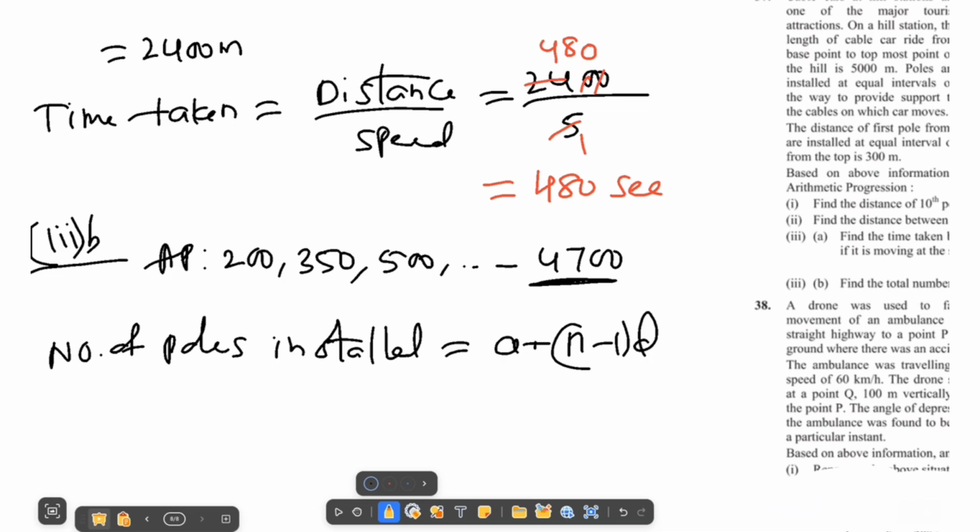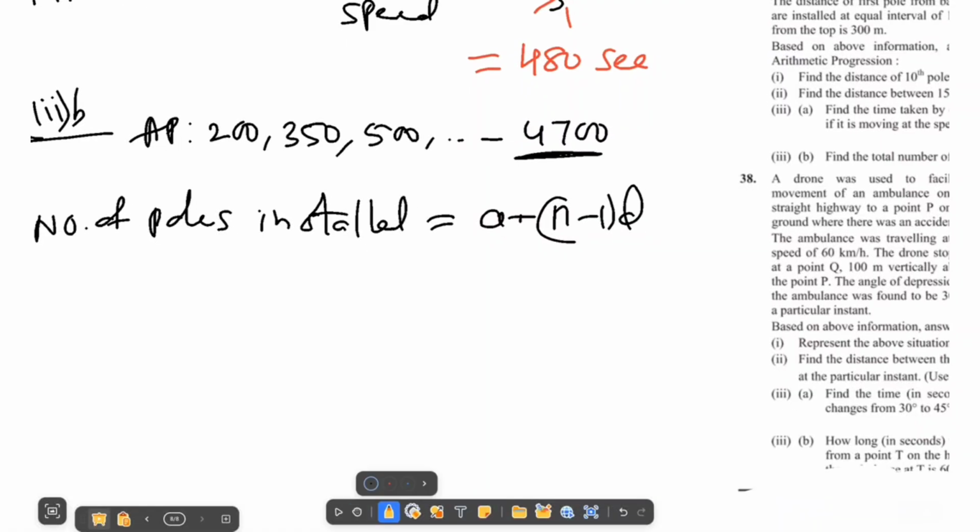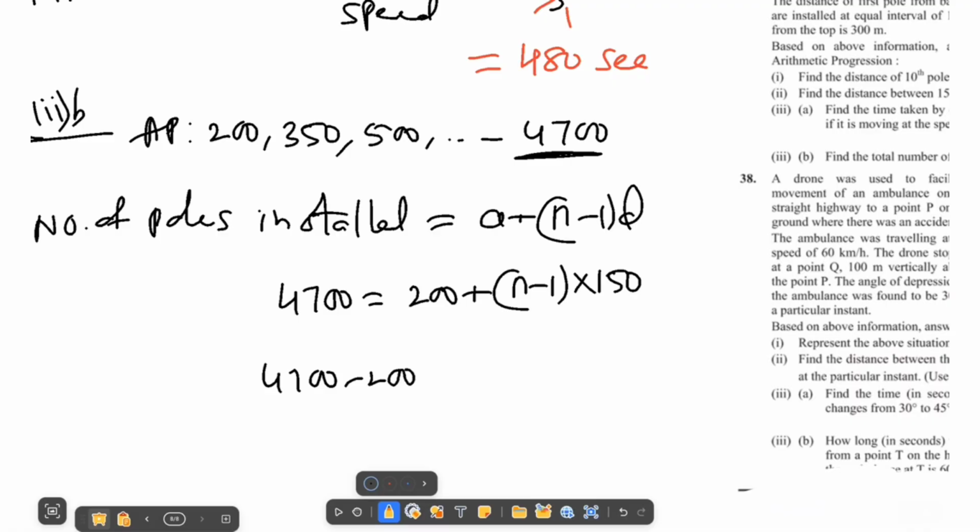Here the nth term is 4700, equal to the first term 200 plus n minus 1, where the common difference is 150. So bring 200 to the left side, it becomes 4700 minus 200 equals n minus 1 into 150.